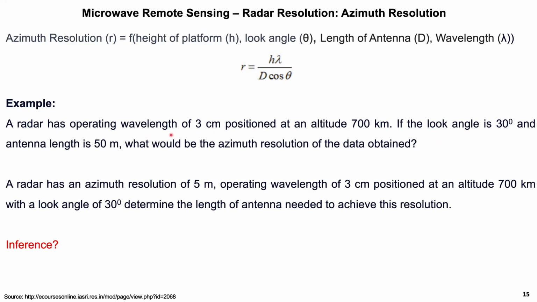So in this example, first, a radar has an operating wavelength of 3 centimeter, and it is positioned at an altitude of 700 kilometers. If the look angle is 30 degrees and the antenna length is 50 meters, then what would be the azimuth resolution of the data that is obtained? So can you substitute and find out the azimuth resolution for the first problem?